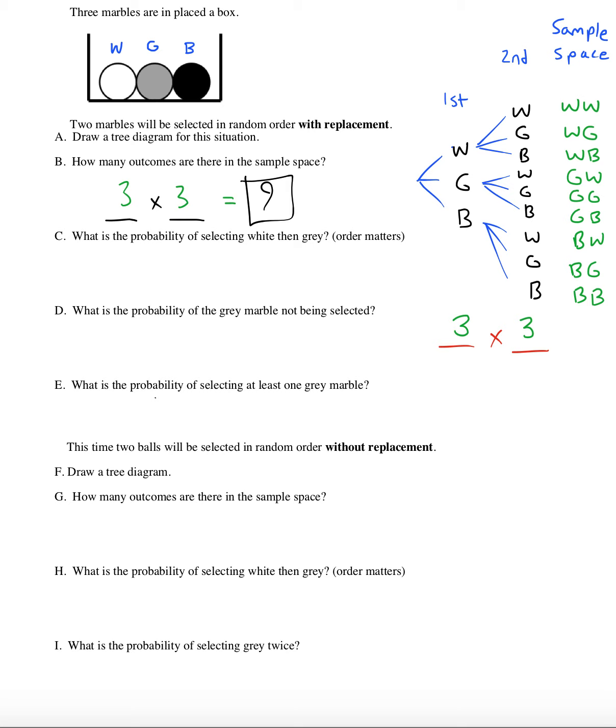What's new here, though, is that we're going to try to calculate the probabilities of a sequence of marbles being picked. But this time, we're not going to just count them with the sample space.